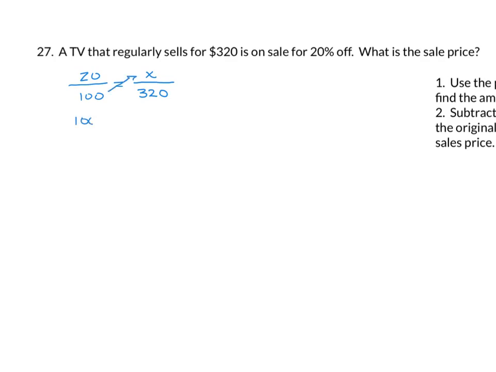We get 100x equals 2 times 32 is 64, and I add 2 zeros. If we divide by 100, we get x equals 64. So just remember, this is the amount of the discount. This is not the sale price.